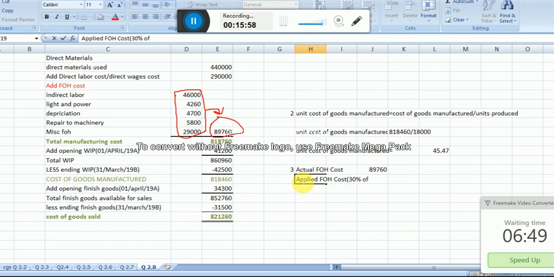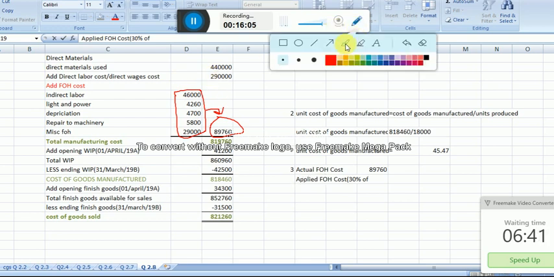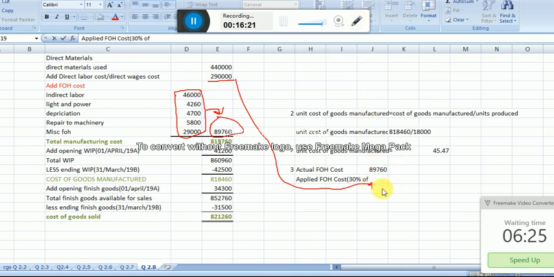And how much is the direct labor cost? The direct labor cost mentioned in the question is 2,90,000. So we take 30% of 2,90,000.